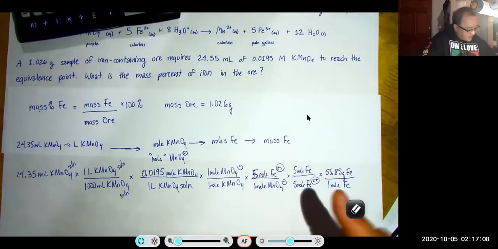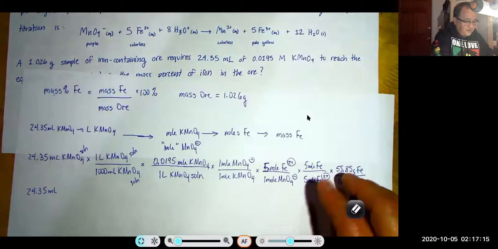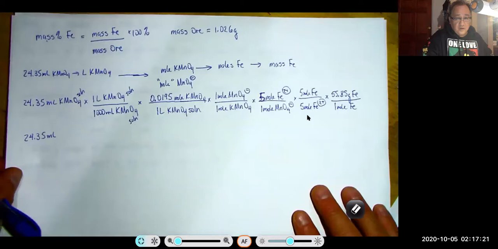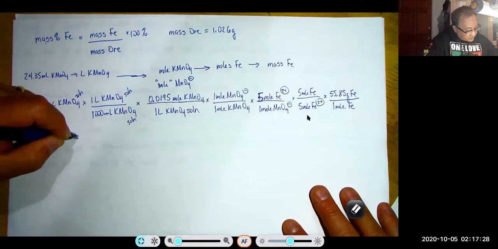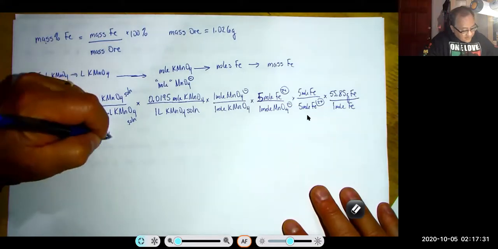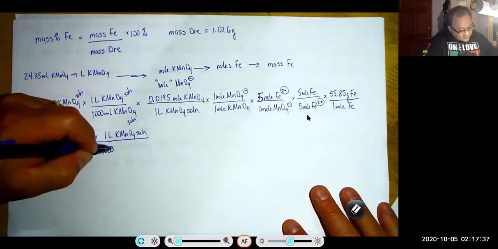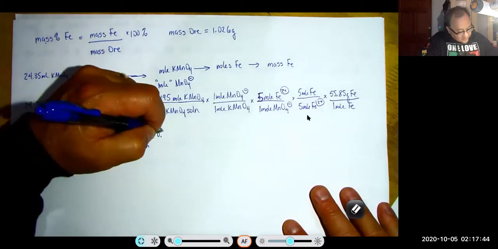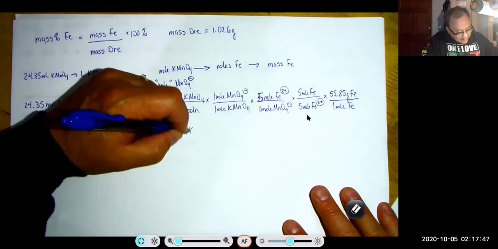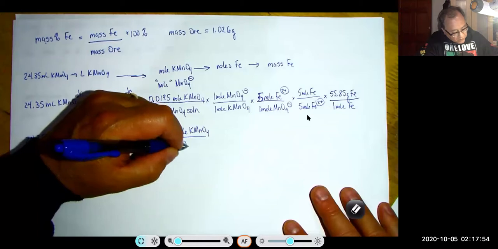No. So we could have done this instead, 24.35 milliliters of KMnO4 solution times 1 liter of KMnO4 solution per 1,000 milliliters of KMnO4 solution times 0.0195 mole of KMnO4 per 1 liter of KMnO4 solution.